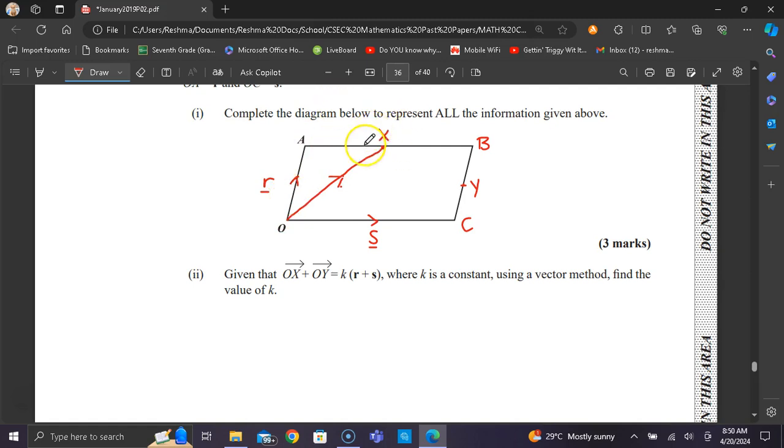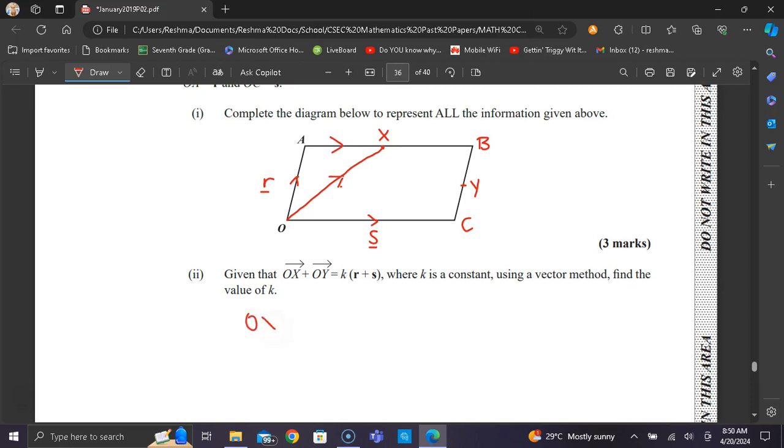Now, since X is a midpoint of AB and since this is a parallelogram, the vectors would be parallel and equal to each other on opposite sides of the parallelogram. So if OC is vector S, then AB would also be vector S, and therefore AX would be half of AB.